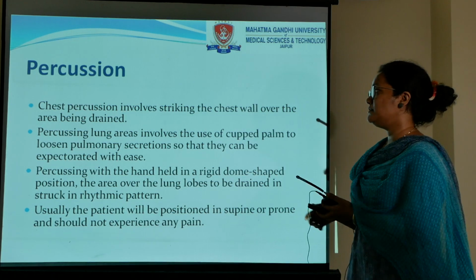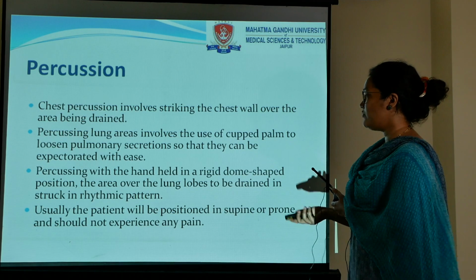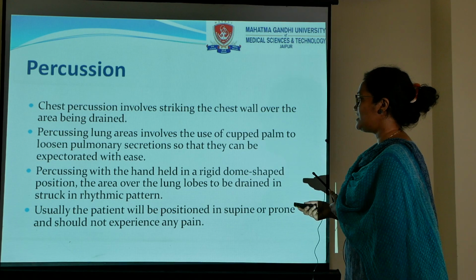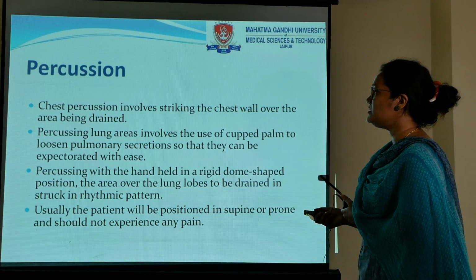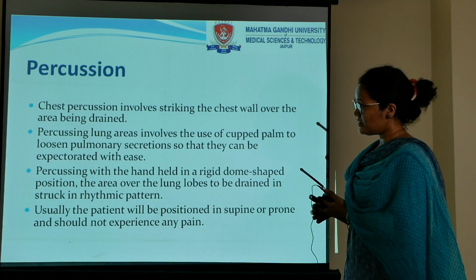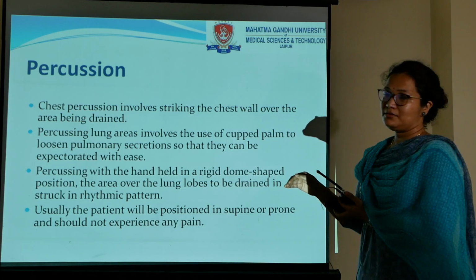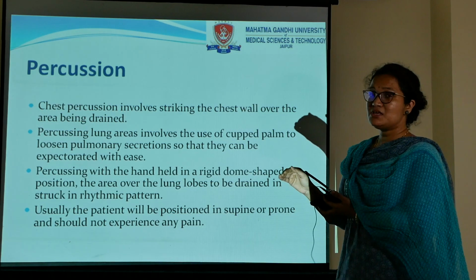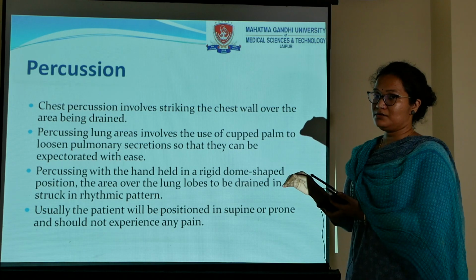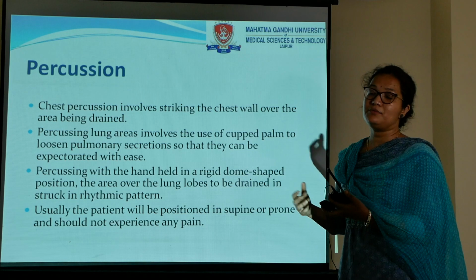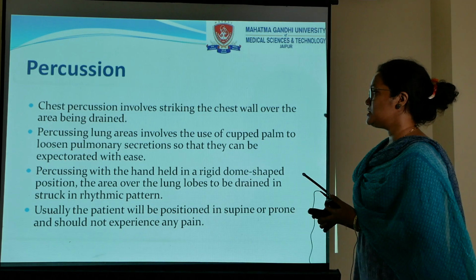Percussing lung areas involves the use of a cupped palm to loosen pulmonary secretions so that they can be expectorated with ease. That's why we use the cupped palm, because this position helps loosen up the secretions, and the patient can easily expectorate them.